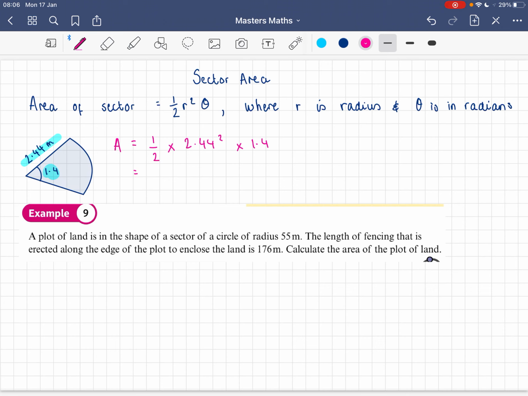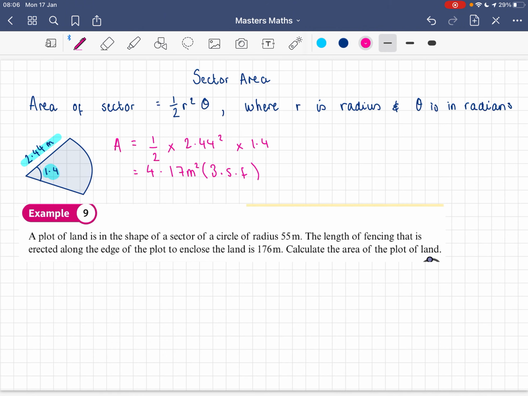But whenever you have sin, cos, or tan, that's when it's important that your calculator is in radians. So when I multiply all that together, I get an area of 4.17 if I round it to three significant figures. That would be meters squared.